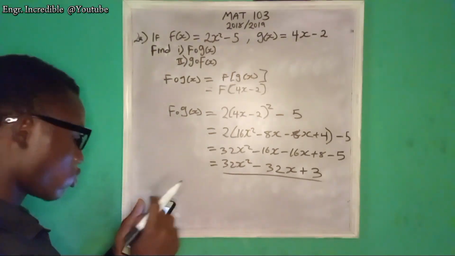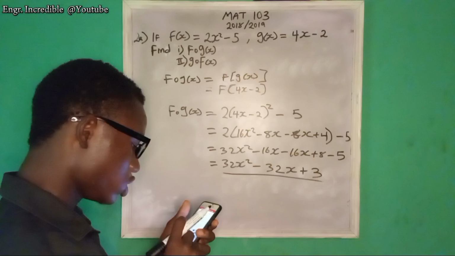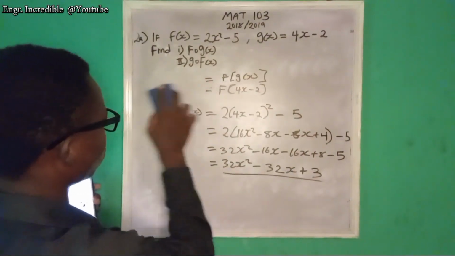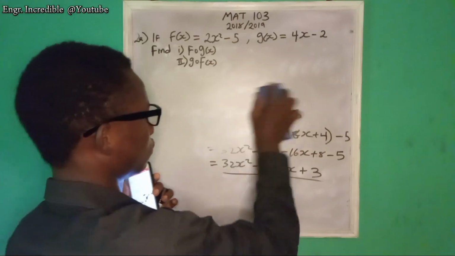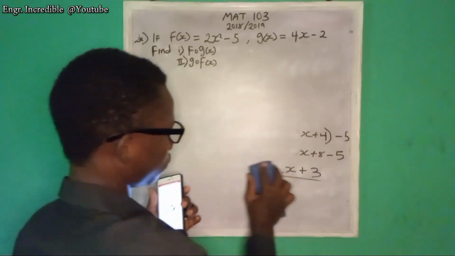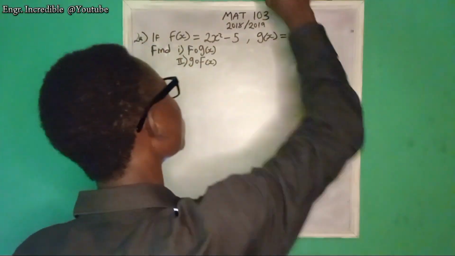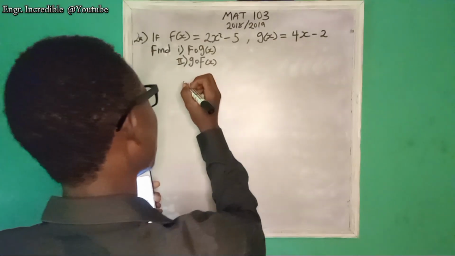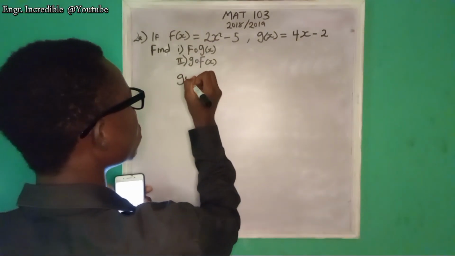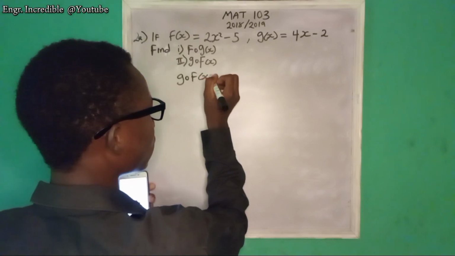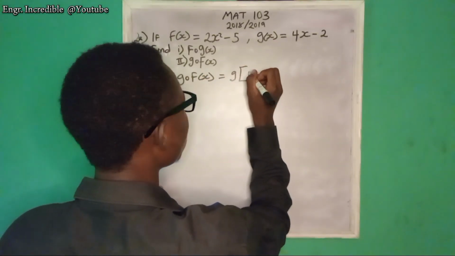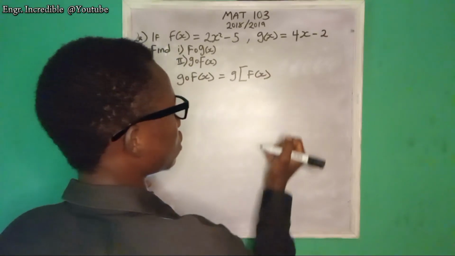But what about the second one, where they told us to find g o f of x? Now g o f of x is something similar. g o f of x is equal to g, that means f of x is a function of g in here.